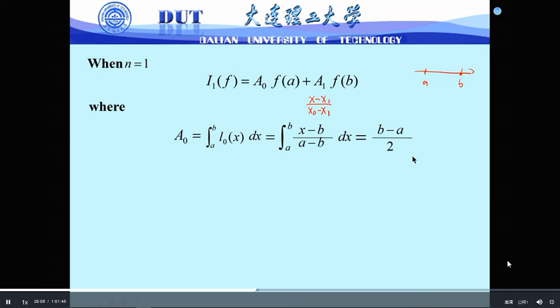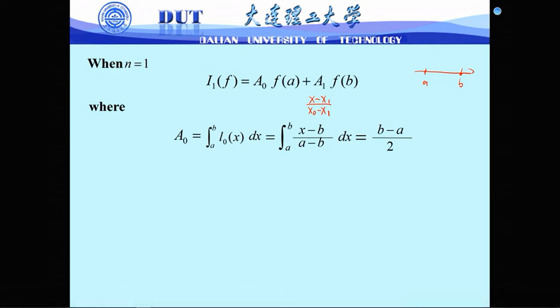Actually, we can obtain it easily because we know the figure should be like this. This is l_0(x), right? This function value is 1 because when x equals a, then (a minus b) over (a minus b) is 1. When x is b, b minus b is 0, right?